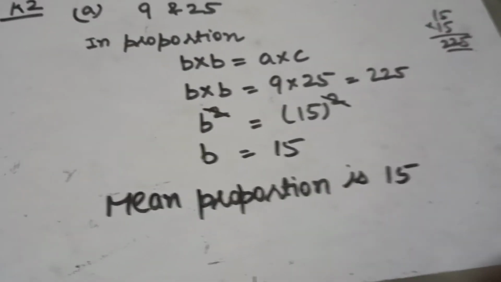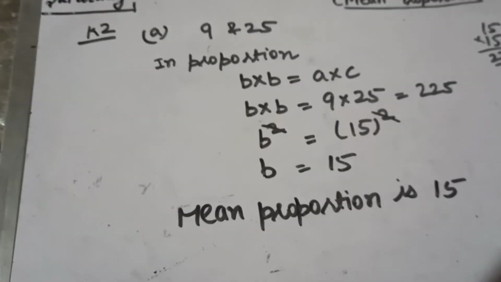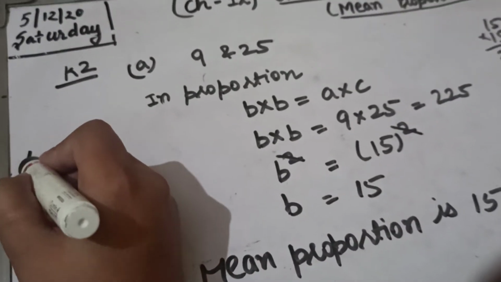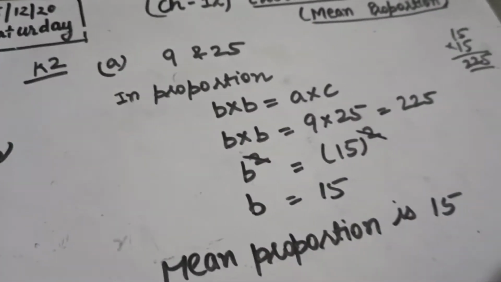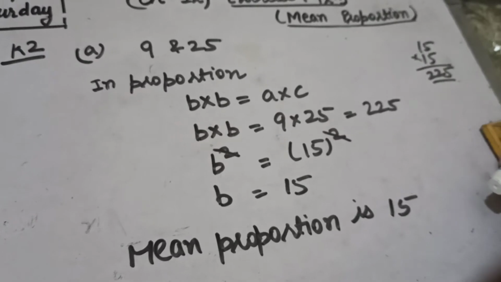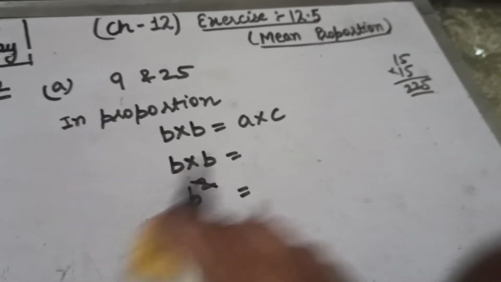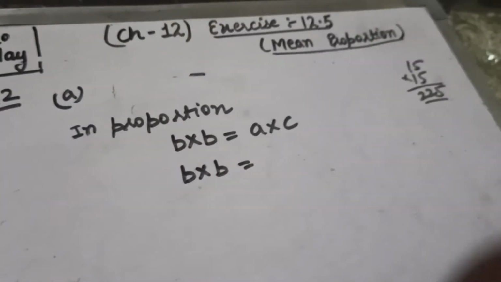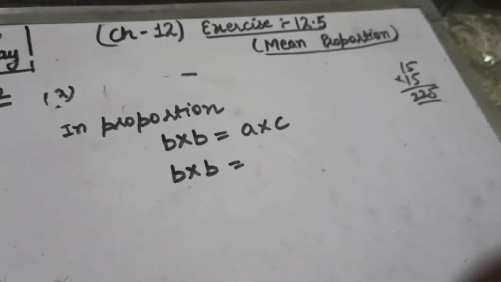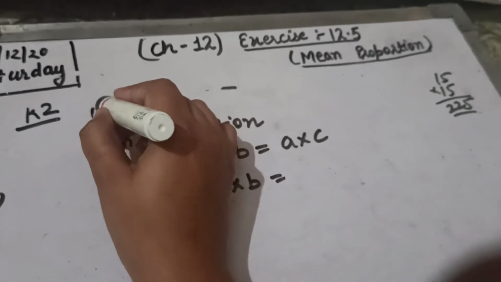Same like this you have to do in all the parts. Like see, one more part I will do here. B. Here the given are, what are given? 3 and 12.